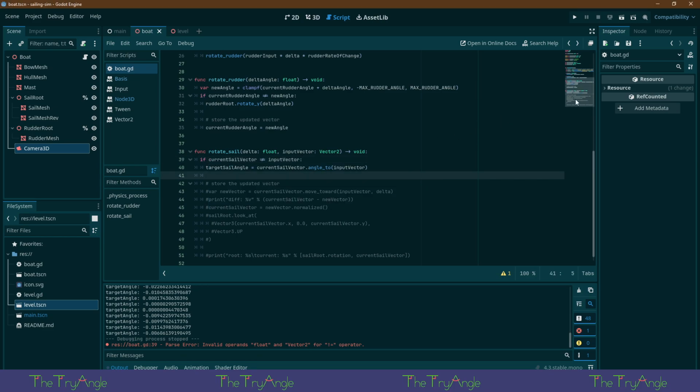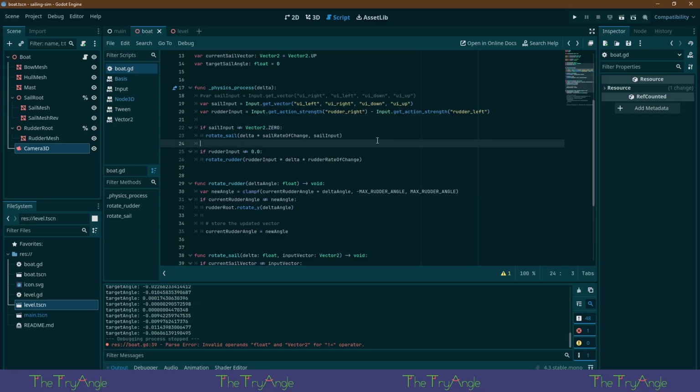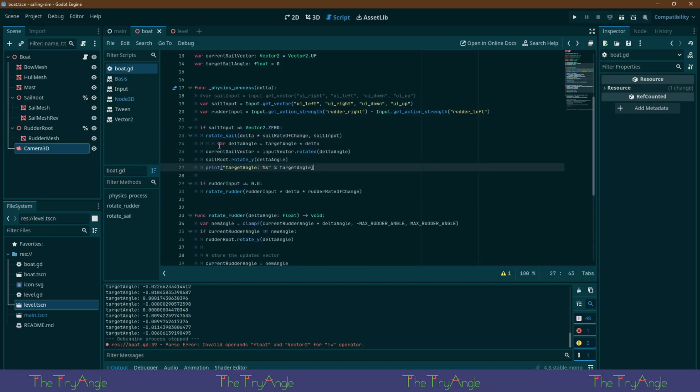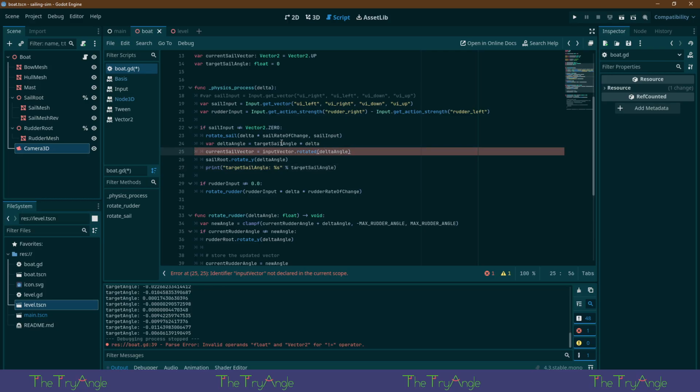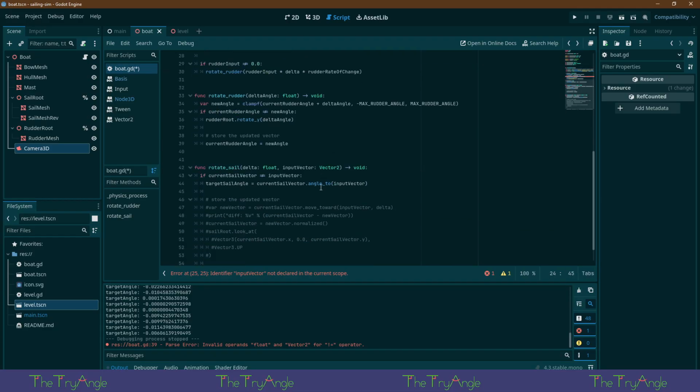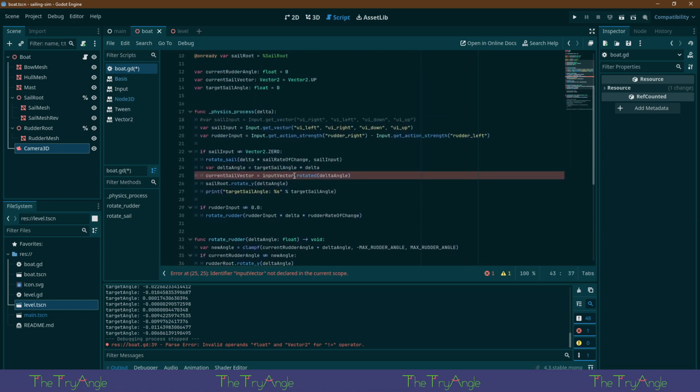It's definitely got to be the vector. And here, input vector, not recurrent. So, right.